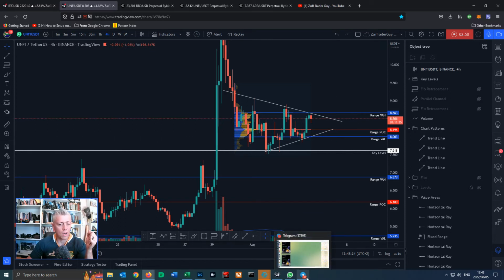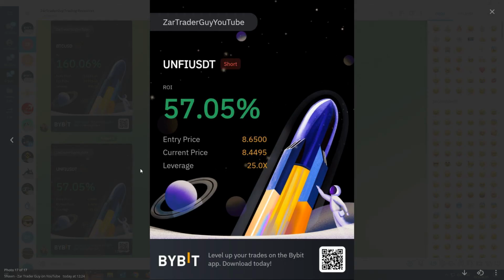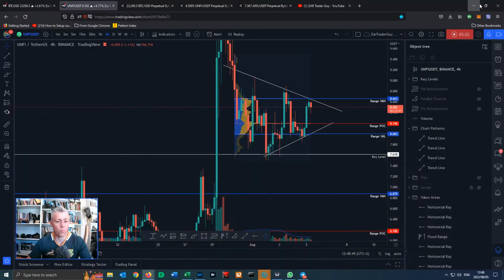So as I said to you, I took a short this morning off this range value area high where we had this rejection, and I was happy enough that the price action was bearish enough, and yeah, we have it. I entered at $8.65. At that stage, when I took a screenshot, we were at $8.44, but I put stops in profit.